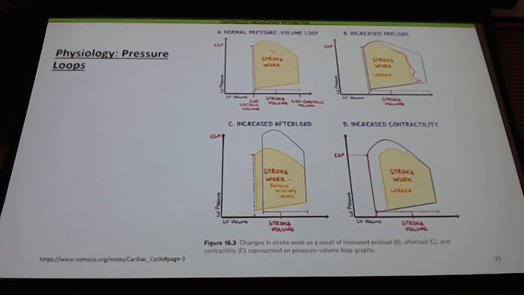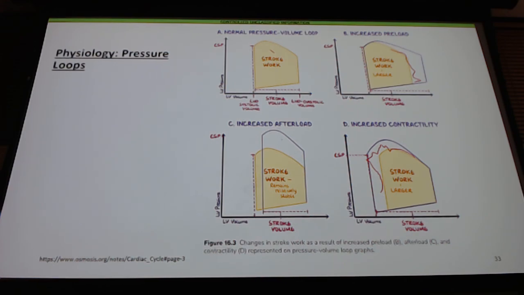If I increase my contractility, I increase my work because I'm going to have a higher ejection fraction, basically. So if I normally only have 65%, but now I increase my contractility, now I'm having 75% leaving the heart with each heartbeat. Now I'm having additional work occurring there.